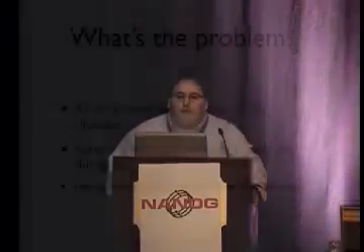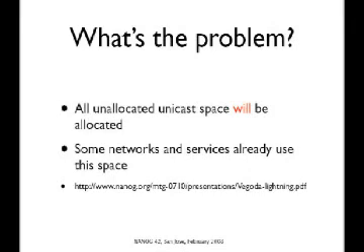So the problem, again, to recap, is all unallocated unicast address space will be allocated. There won't be any /8s left in the IANA free pool at some point because we've all switched to IPv6 and we've taken the IPv4 off our networks.